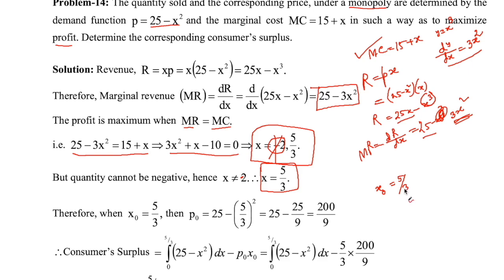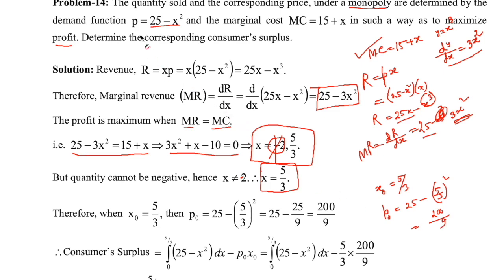Now if you put x0 in this function, you will get p0, the market price. p0 equals 25 minus x square, meaning 5/3 whole square, which is equal to 200/9.